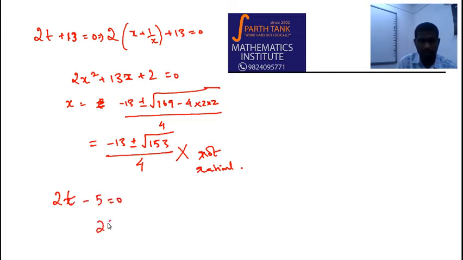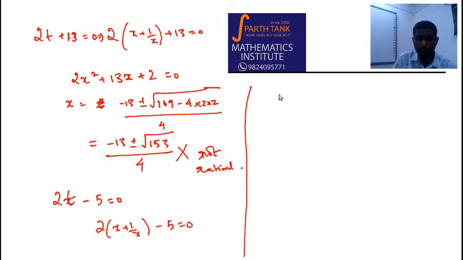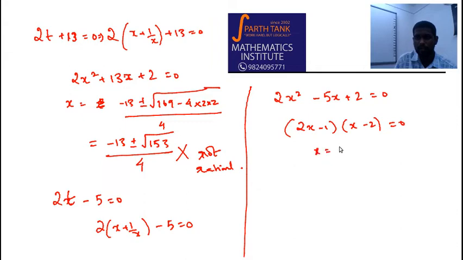So let us go to the next one, that is 2t minus 5 is 0. This would give me 2 times (x plus 1 by x) minus 5 is 0. So 2x squared minus 5x plus 2 is 0, or (2x minus 1) and (x minus 2) is 0, and I get x is either 2 or 1 by 2. These are rational, right?